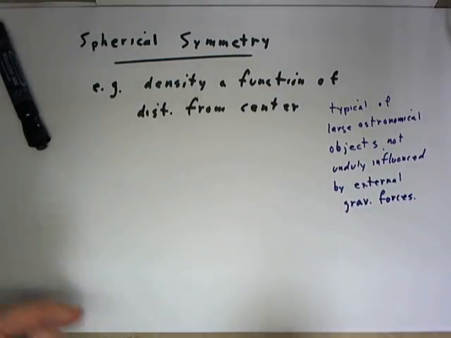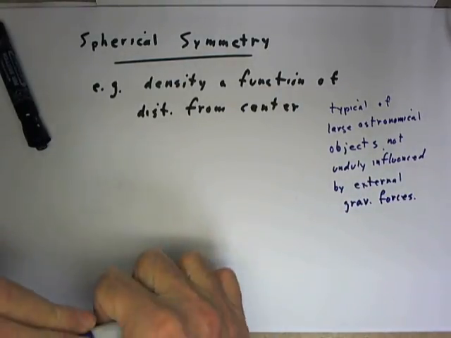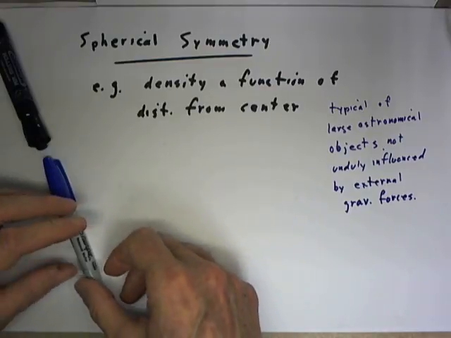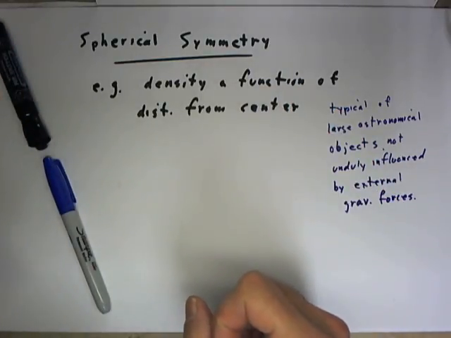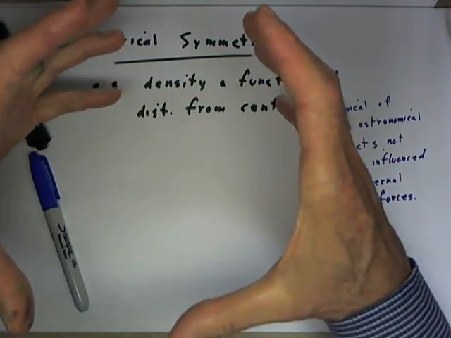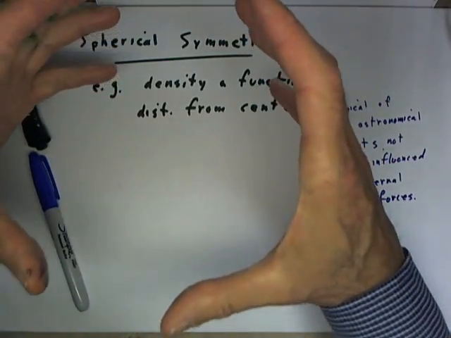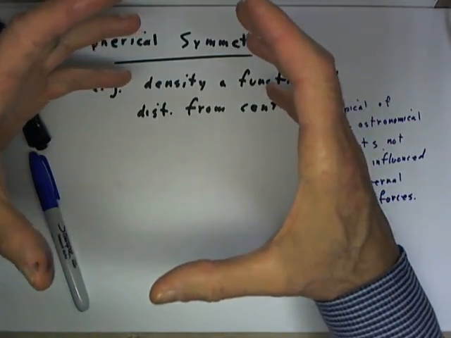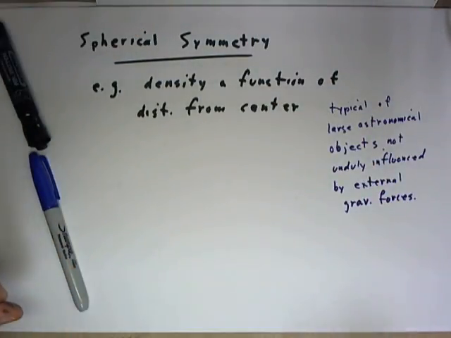And what I mean by that is simply that when you have something big enough, gravity becomes really prominent in the behavior of that object and tends to pull everything into a spherical shape.